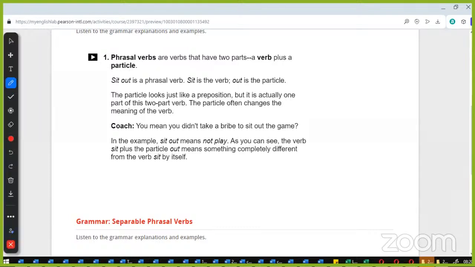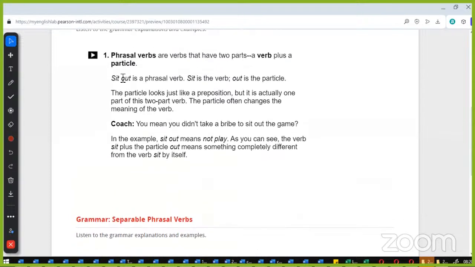So basically, here the meaning of sit out would be like wait to finish without taking any action. So that's the meaning of sit out, like to give up the game. Okay, so that's the phrasal verb.